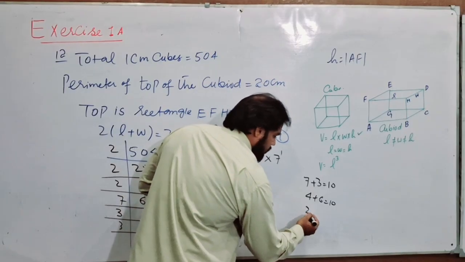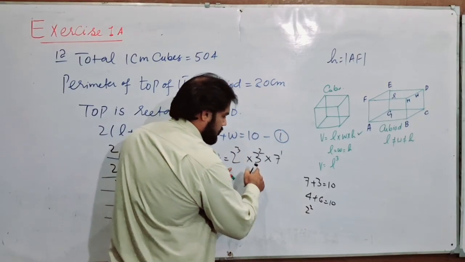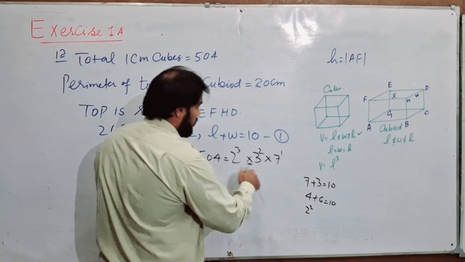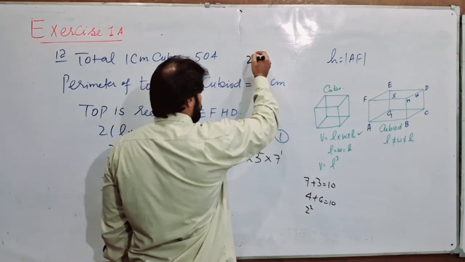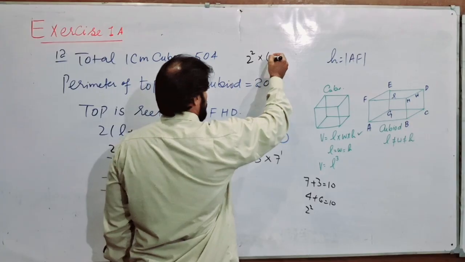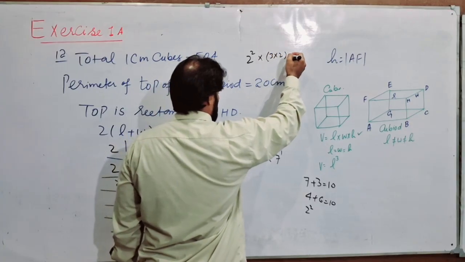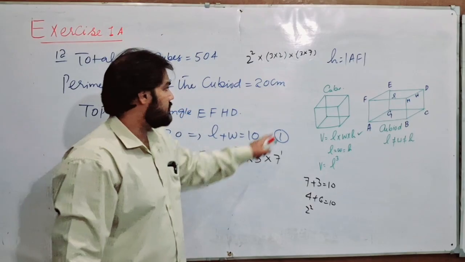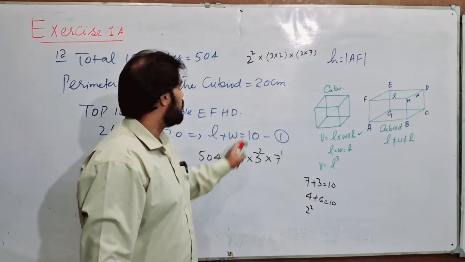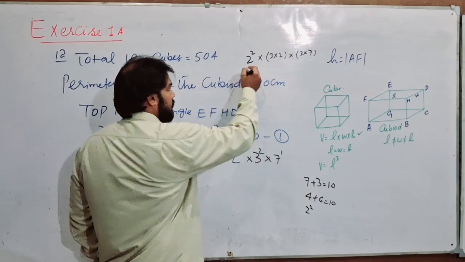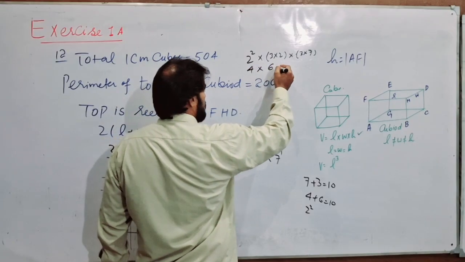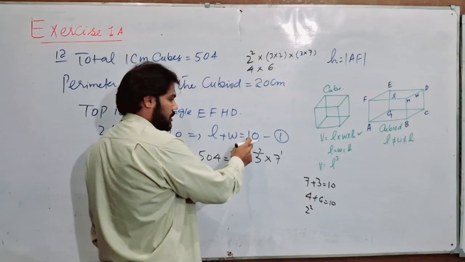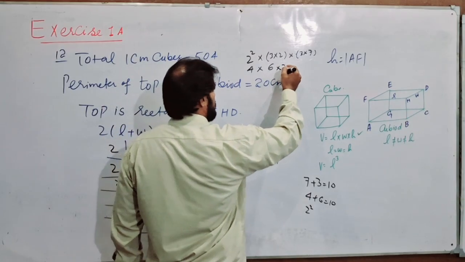If you take 2 square from here, that is 2 into 2, and 3 into 2, and 3 into 7. One of the 3s we attach with 7, one of the remaining 2s we attach with 3. Now this is 4, this is 6, 4 plus 6 is 10. That completes condition 1, and the remaining is 21.